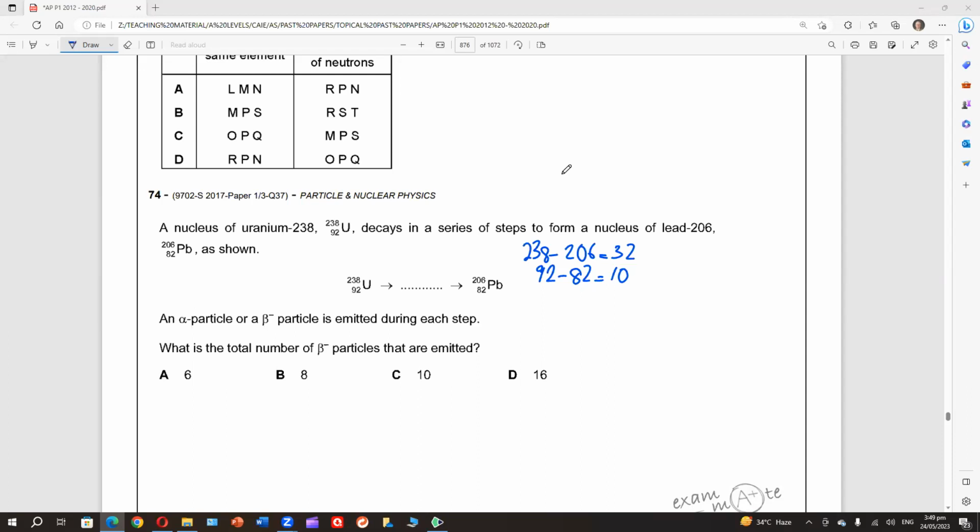But you have to double check. 92 minus 16. Where is 92? Z minus 2. But when I was thinking that 238 minus 206 is coming to be 32, there is a possibility of 4 alpha. At maximum, it can be 8.